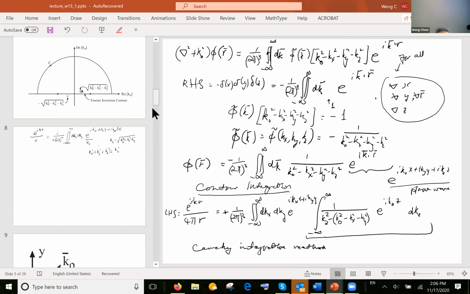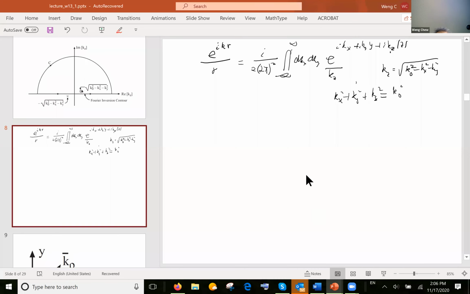But now we have reduced it to a 2D Fourier integral with the requirement that kx squared plus ky squared plus kz squared must be equal to k naught squared. Okay, so it satisfies the dispersion relation of a plane wave in free space.